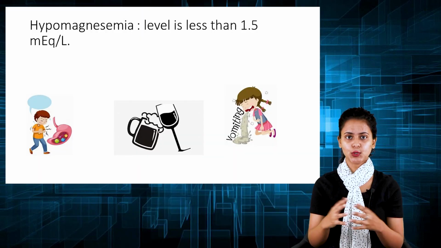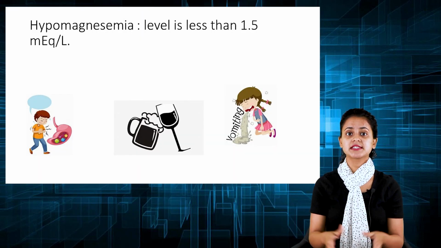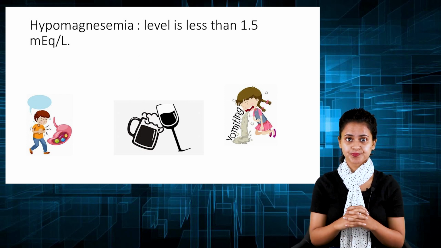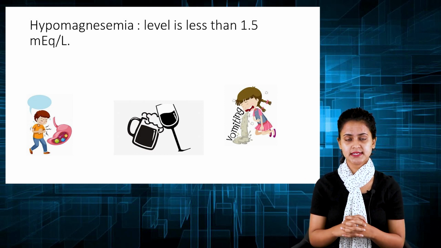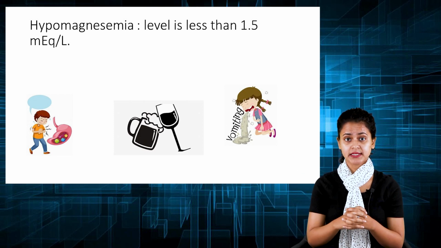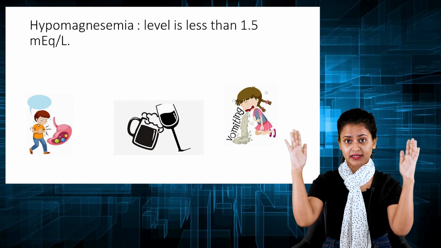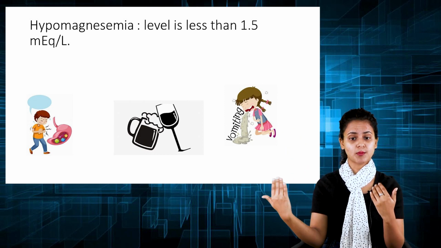Next, we are going to learn about the second type of magnesium imbalance, termed hypomagnesemia. As the term suggests, it occurs when the magnesium level in the body decreases compared to the normal level.